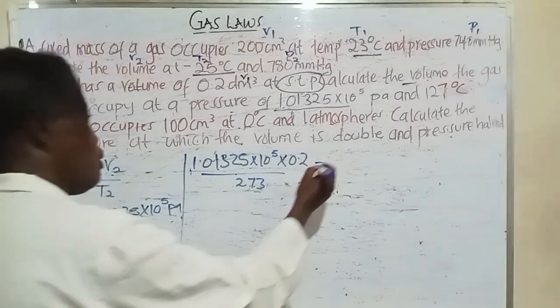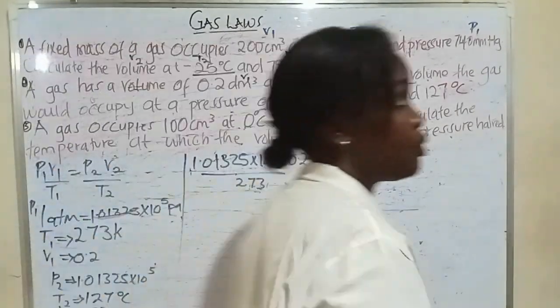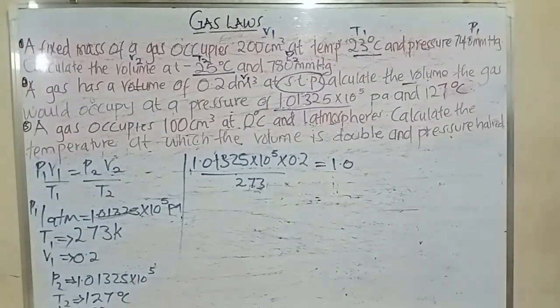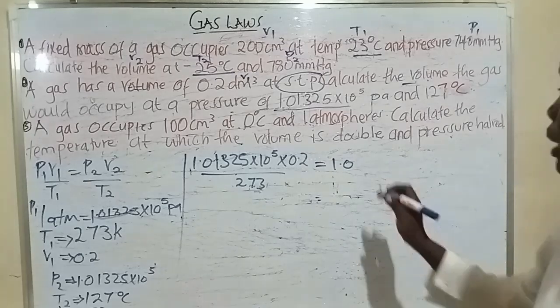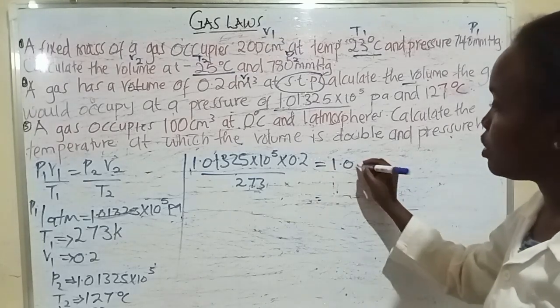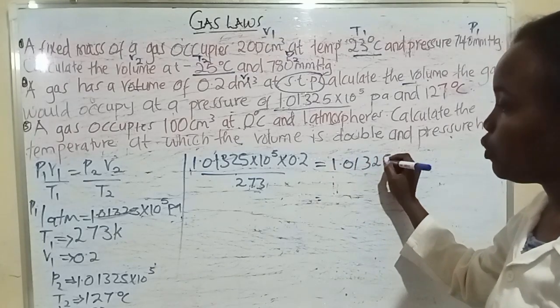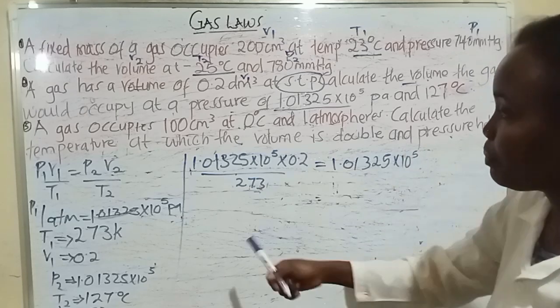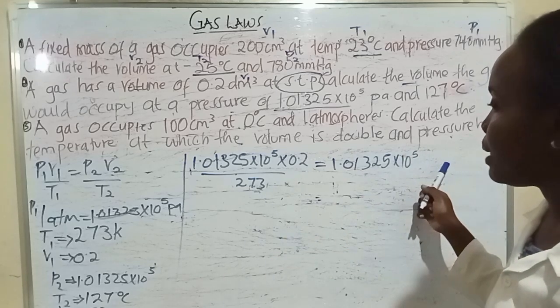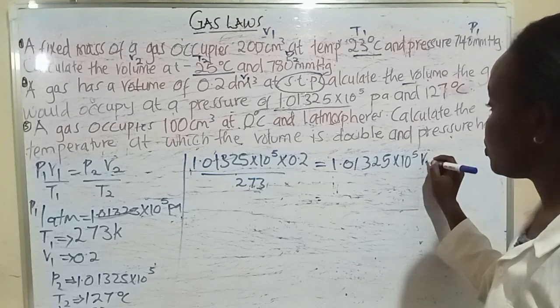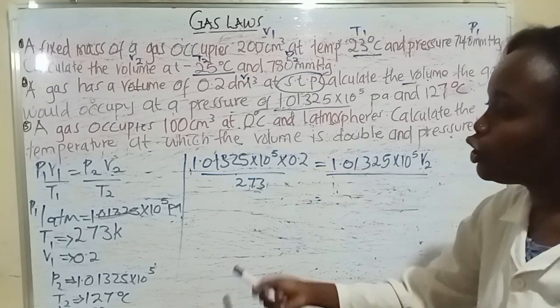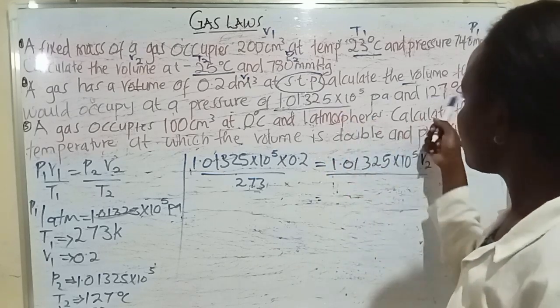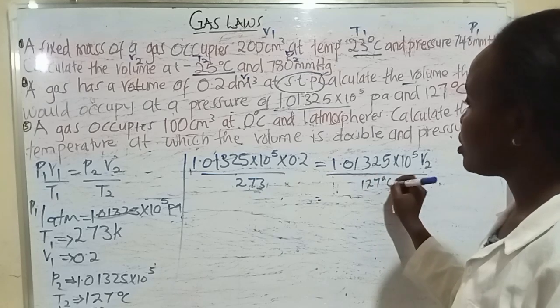Our P2 is 1.01325 times 10 raised to power 5, multiplied by your V2, which is what we don't have, over your T2. Now our T2 is what? 127 degrees Celsius.